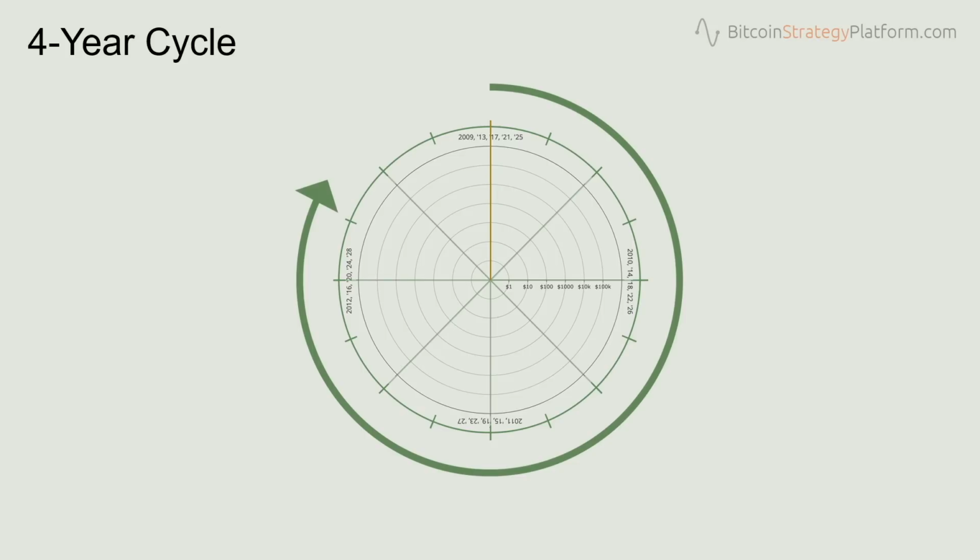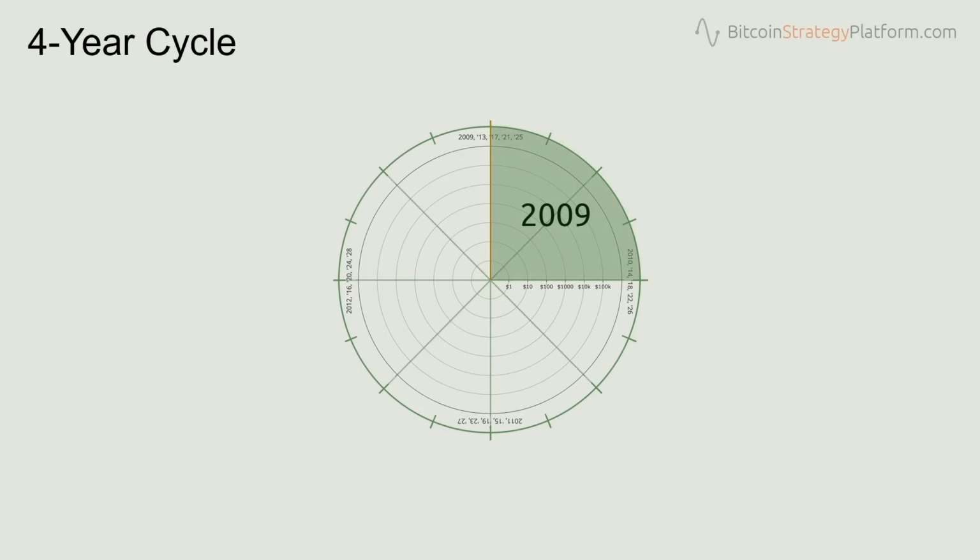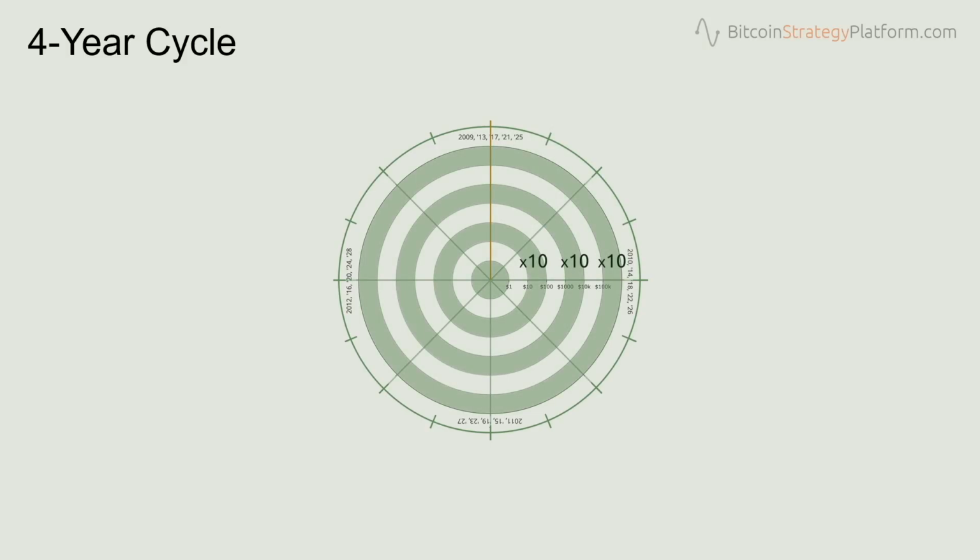And so we start at the top at 2009, we move to 2010, 11, 12, 13, and we keep on going all the way to today. And the price info on this chart is shown by each ring. So we start at a cent in the very center, and then we move with a tenfold increase every ring from $1 to $10 to $100, and the most outer ring is $10 million.